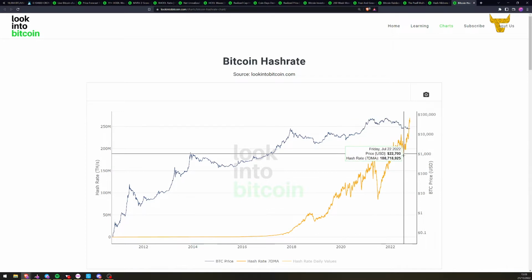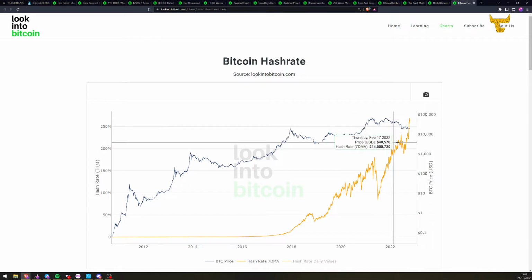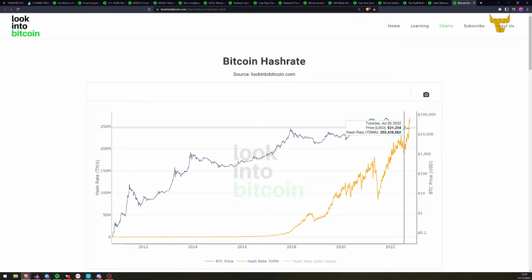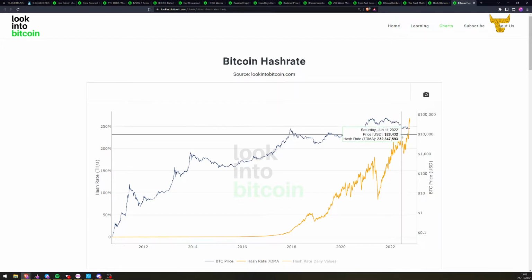So an increase of more than 50%. Or nearly 50%. Since like July, end of July, since we are at the bottom here.